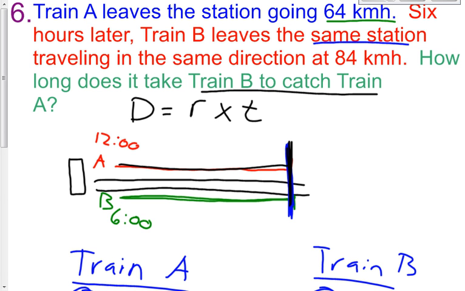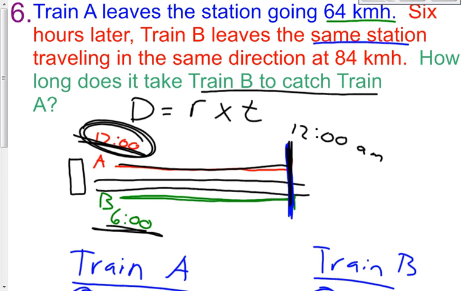So that would mean that train A would travel 6 hours more. Let's say they get there at midnight. Train A traveled 12 hours, whereas train B only traveled 6 hours. Train A traveled a longer length of time.